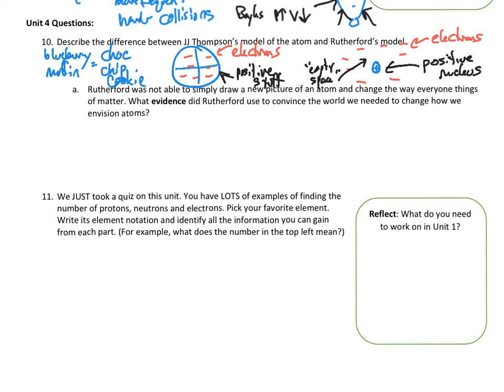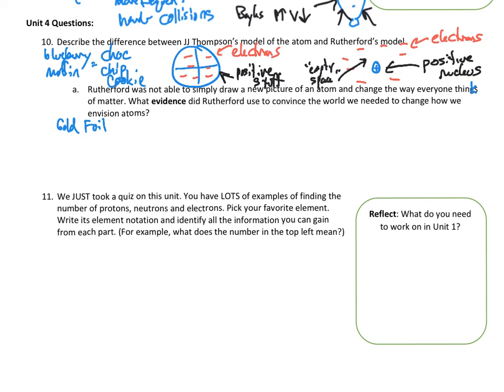It says Rutherford was not able to simply draw a new picture of an atom and change the way everyone thinks of matter. What evidence did Rutherford use to convince the world we need to change how we envision atoms? So again, this is the gold foil experiment. This is the most important experiment for you to know for the exam.